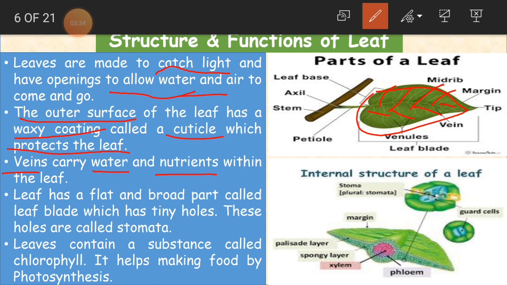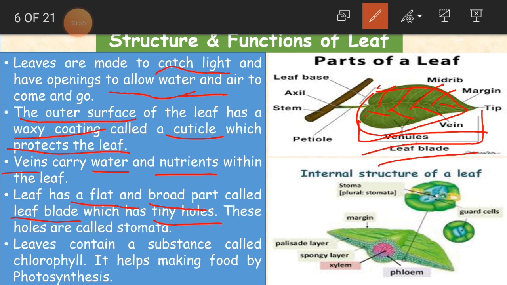Then the fourth point. Leaf has a flat and broad part called the leaf blade, which has tiny holes. So see this big leaf, it is flat and it has a broad part which is called the leaf blade. See here, it is written leaf blade.